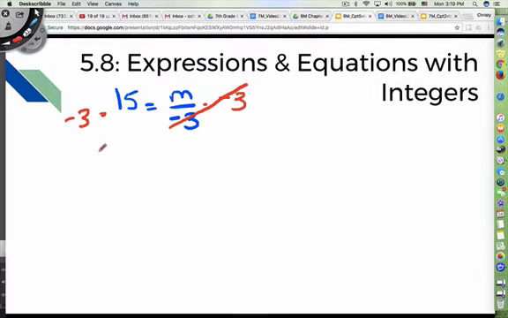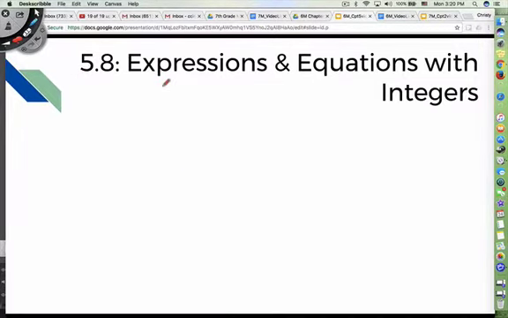We multiply this, we get negative 45, and that is equal to m. A negative times a positive is a negative. So nothing really new. I'm not teaching you anything new. We're just applying everything that we've learned before. And then of course we check. Negative 45 divided by a negative 3 will give us a positive 15. Excellent.